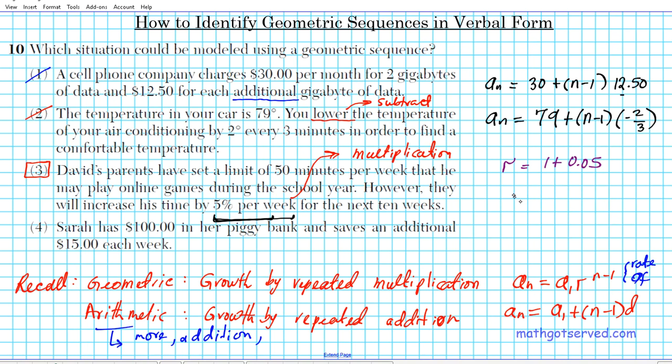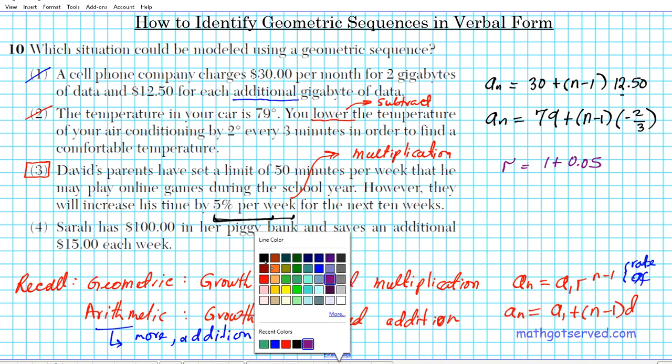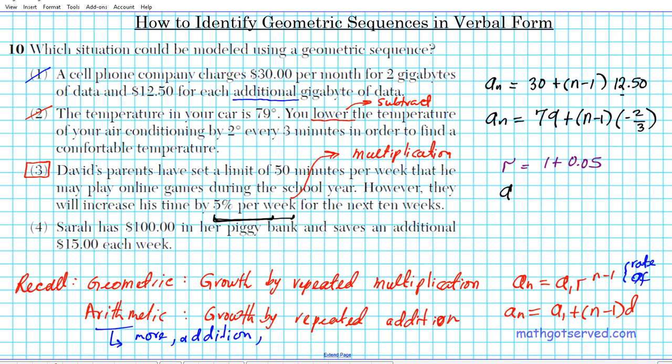So the nth term for this geometric sequence is going to be the starting time, 50, times the common ratio, 1 plus 0.05, raised to the n minus 1. This is what it looks like, okay? And it is because we have 5% per period, which indicates multiplication every week by 1.05.